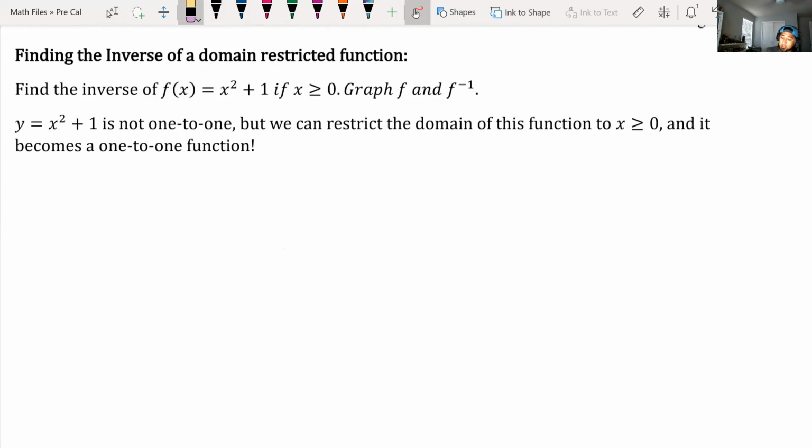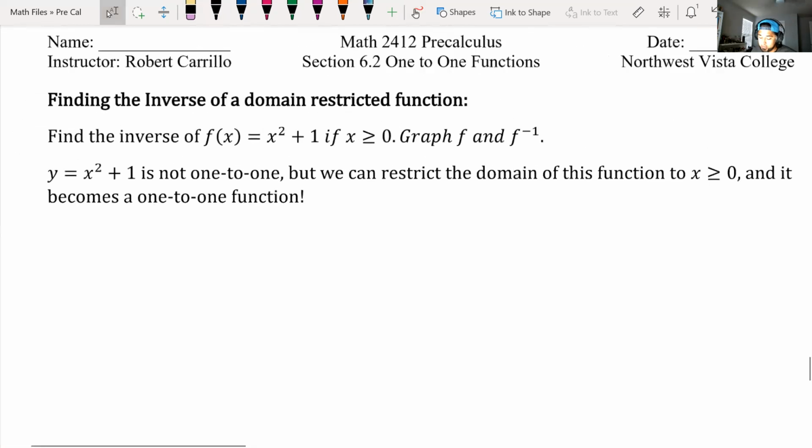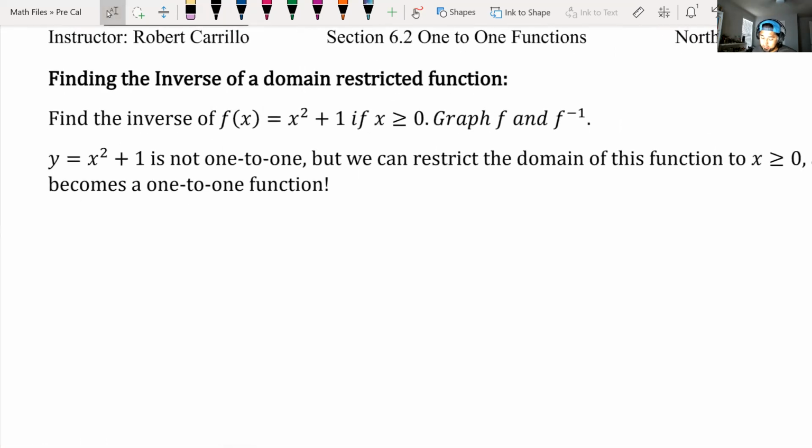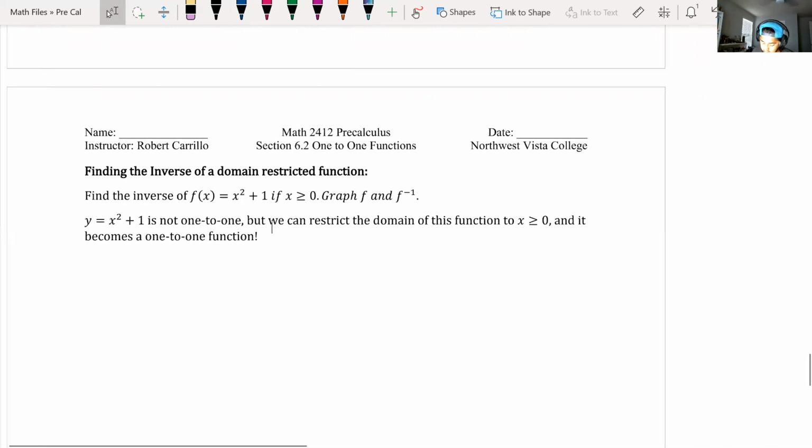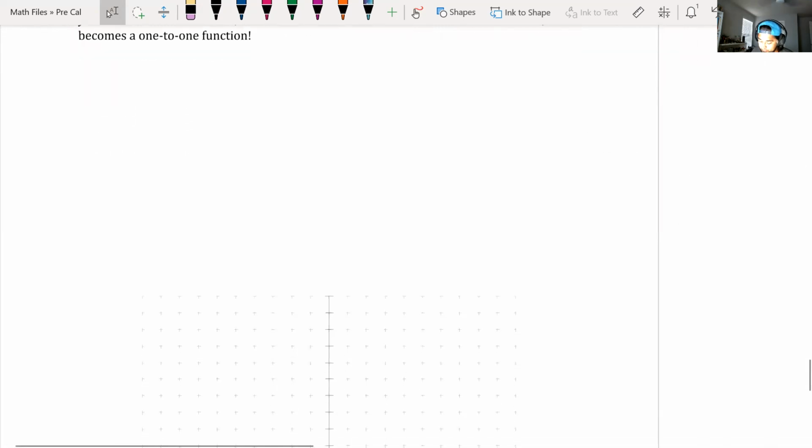So for this function, x squared plus 1, we are going to restrict its domain to all x values greater than or equal to 0. Since we restricted to that, let's go ahead and graph it first to see what it looks like, to make sure it's actually one-to-one.